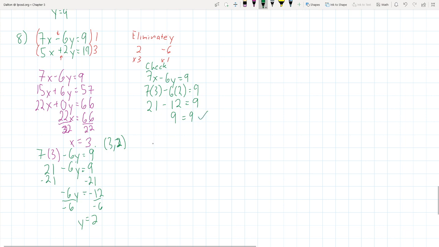Awesome. I'm going to check the other one. 5x plus 2y equals 19. So 5 times 3 plus 2 times 2 needs to equal 19. 5 times 3 is 15. 2 times 2 is 4. And that equals 19. 15 plus 4, 19. Awesome.